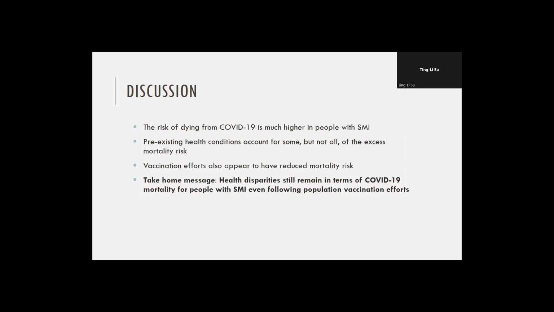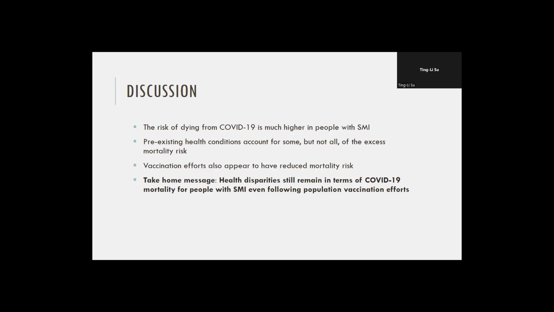So what did we learn? Well, we learned that the risk of mortality was much higher amongst people with SMI. And these pre-existing conditions were partly, but not wholly, due to some of this excess mortality risk. Vaccination efforts do seem to appear to have reduced that in some respects.